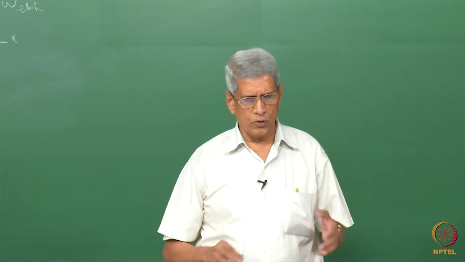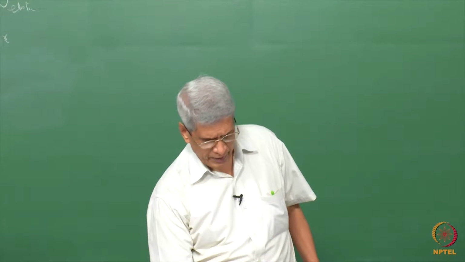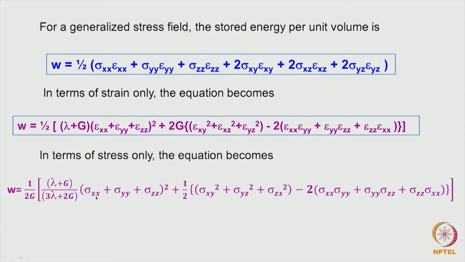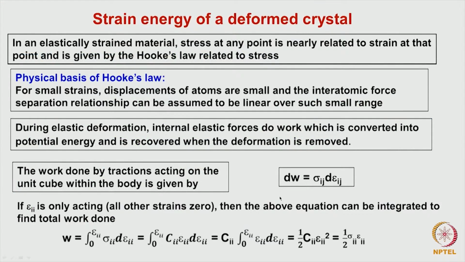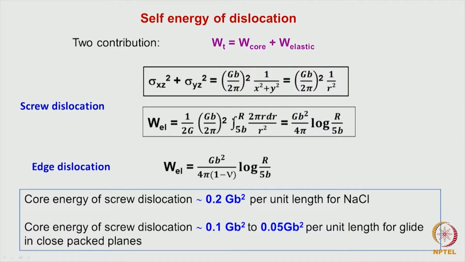So what will be the total energy that we can calculate in this formula? All other terms turn out to be 0, it is only this term which is going to be there, sigma yz squared plus sigma xz squared, right? That is what essentially is calculated here, taking the appropriate expression.